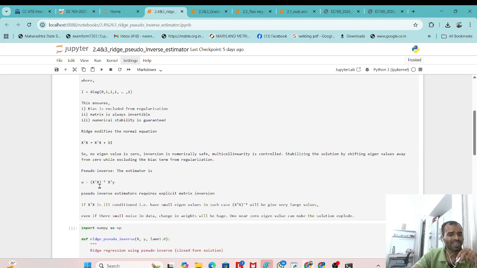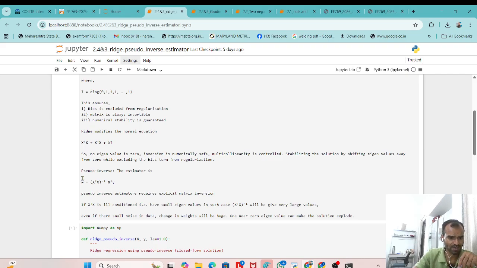Okay, so in that pseudo inverse estimator, if the features are highly correlated, this matrix will be singular, non-invertible, right? If it is non-invertible, then that is nothing but the ill condition, which has very small eigenvalues.